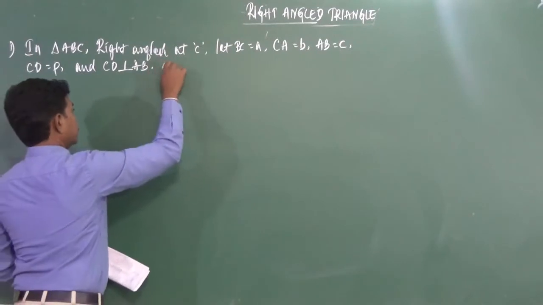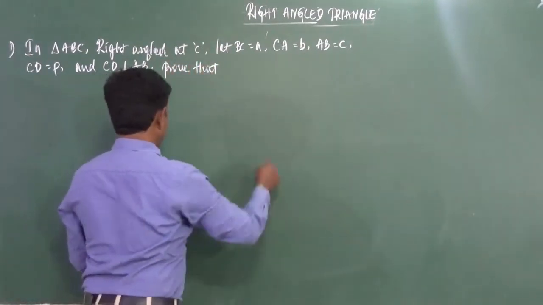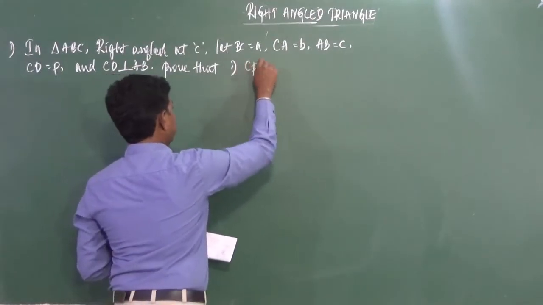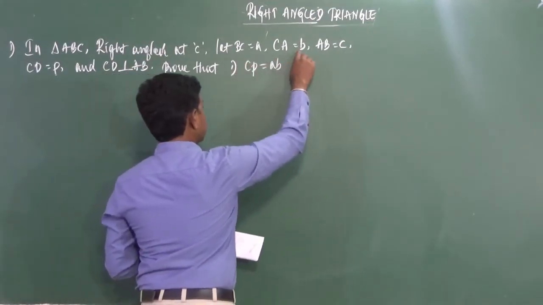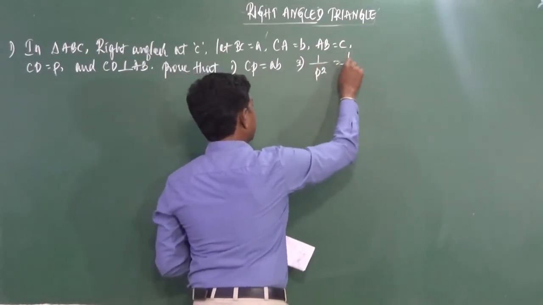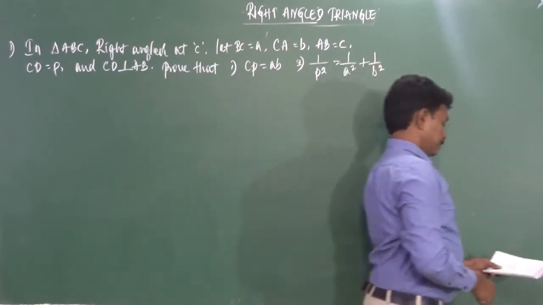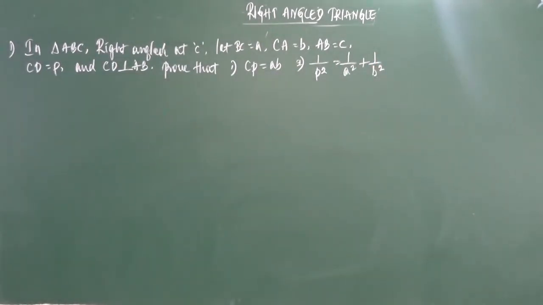Then prove that, very simple, first one, cp is equal to ab, and second one, 1 by p square is equal to 1 by a square plus 1 by b square. This is what we have to prove.